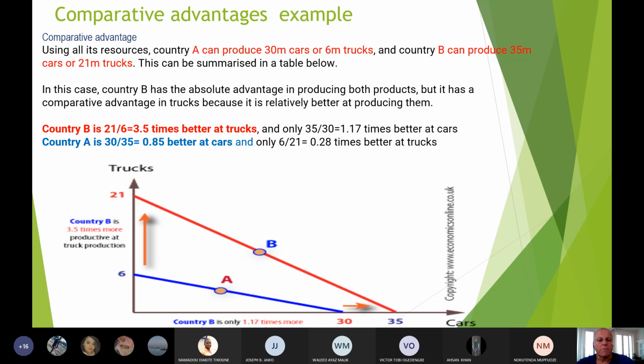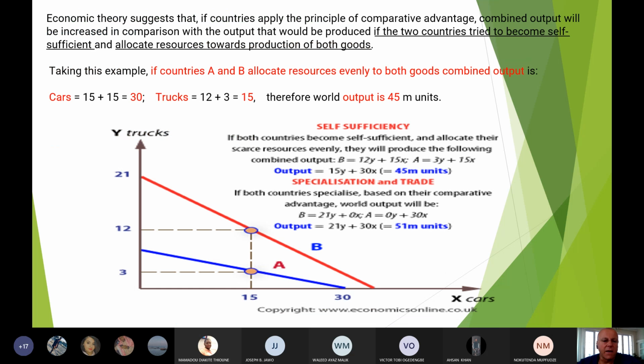The opportunity cost, when you have here the input advantages, then this is the lowest one. Sorry, the highest one you are going to consider. Okay, you are going to make a comparison. You have here again the economic theory suggests that if countries apply the principle of comparative advantages, combined output will be increased in comparison with the output that would be produced if the two countries try to become self-sufficient and allocate resources towards production of both goods.